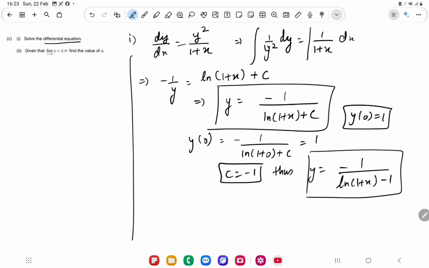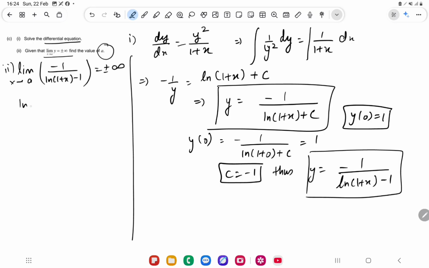Now in the second part, we are given that the limit as x tends to a of y is plus or minus infinity. We have to find a. So I can write that as x tends to a, minus 1 upon (ln of 1 plus x, minus 1). This should be plus or minus infinity.